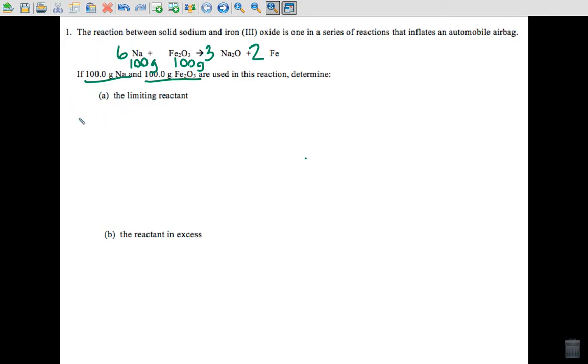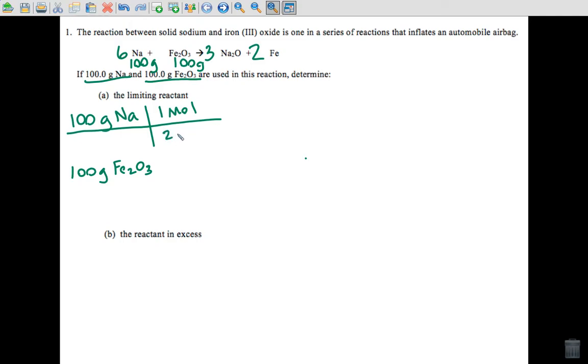So to figure out the limiting reactant, you start by doing something we've done a bunch of times. You're going to take the 2 amounts that you're given, 100 grams of Na and 100 grams of Fe2O3, and you're going to turn them to moles. So you're going to go grams to moles using the molar mass of each.